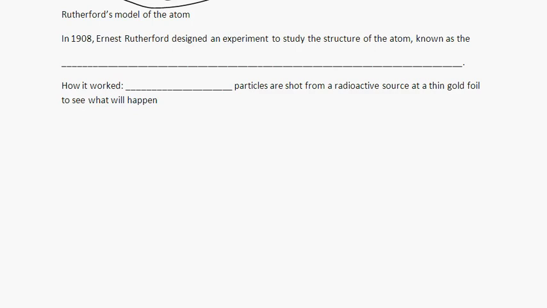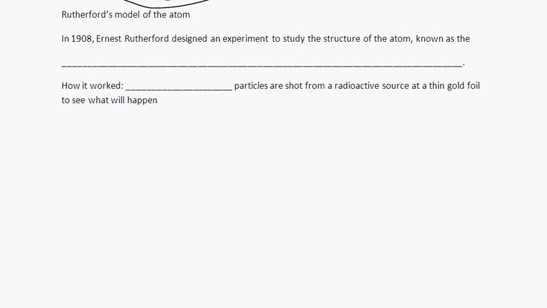In this video, we're going to look at one of the most important experiments in the history of science. This is one conducted by Ernest Rutherford and his grad students. Apparently his grad students did most of the work and he took credit for it, which I think is somewhat common.